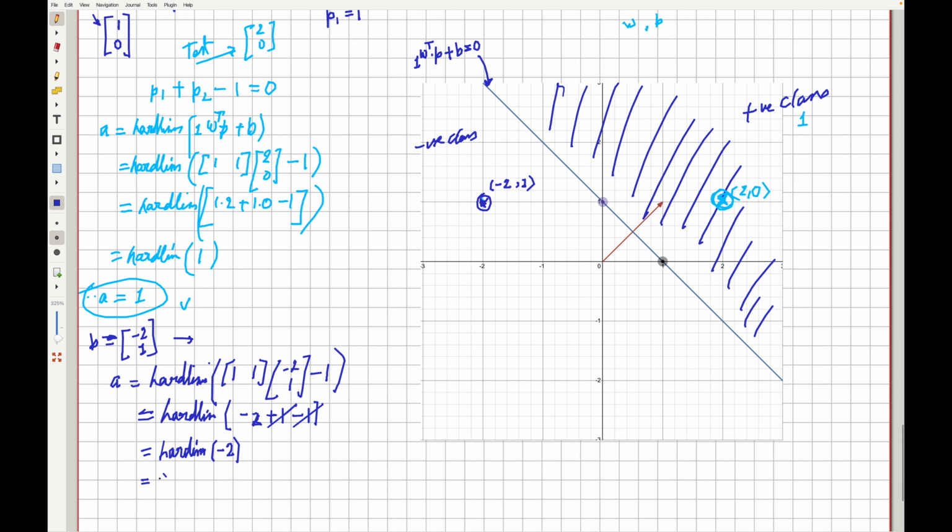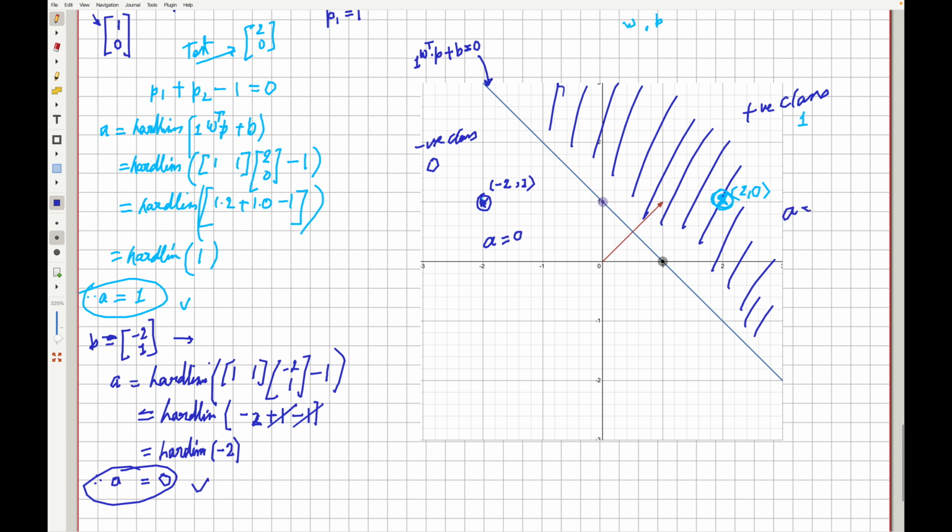We can clearly see that this makes sense, because the point -2 1 is on the opposite side of the decision boundary, in the negative class, and so you are correctly able to classify that point with a equal to 0.